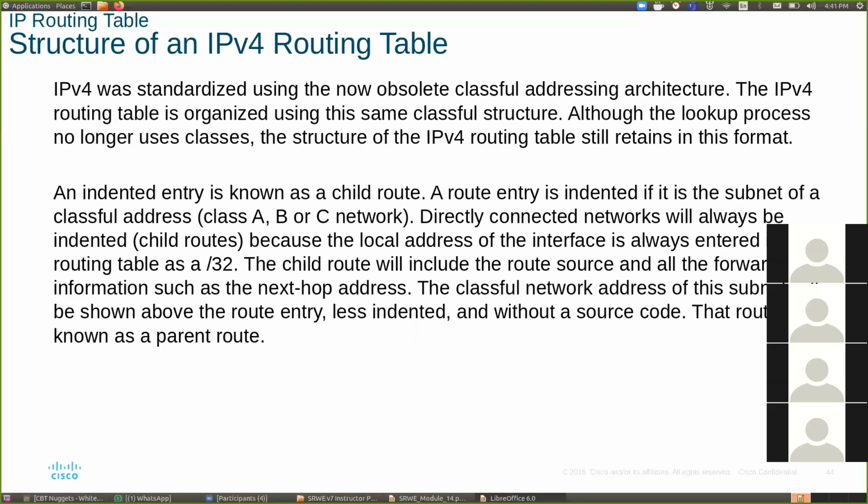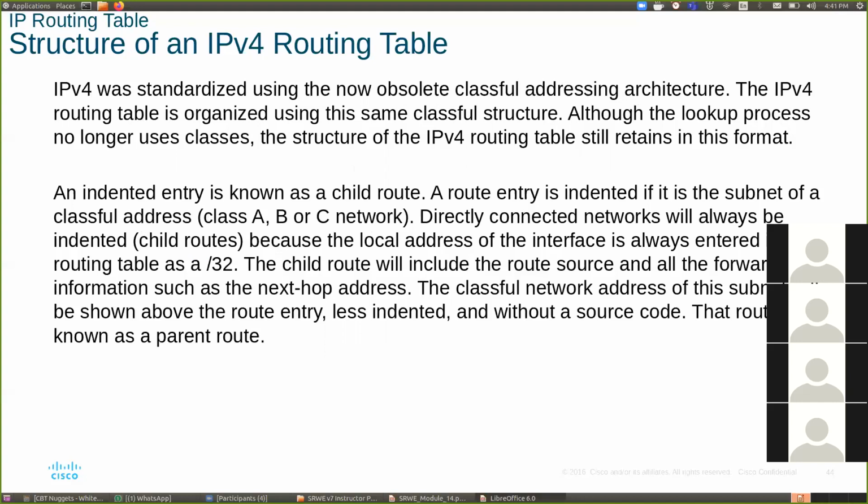Structuring of an IPv4 routing table. The information is indented. You will see they said IPv4 was standardized using the now obsolete classful routing architecture. The IPv4 routing table is organized using the same classful structure, although the lookup process no longer uses classes, okay?